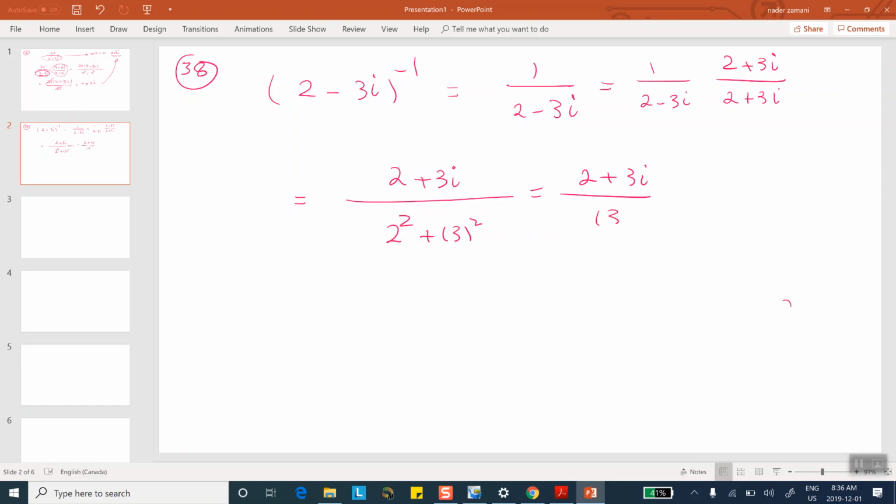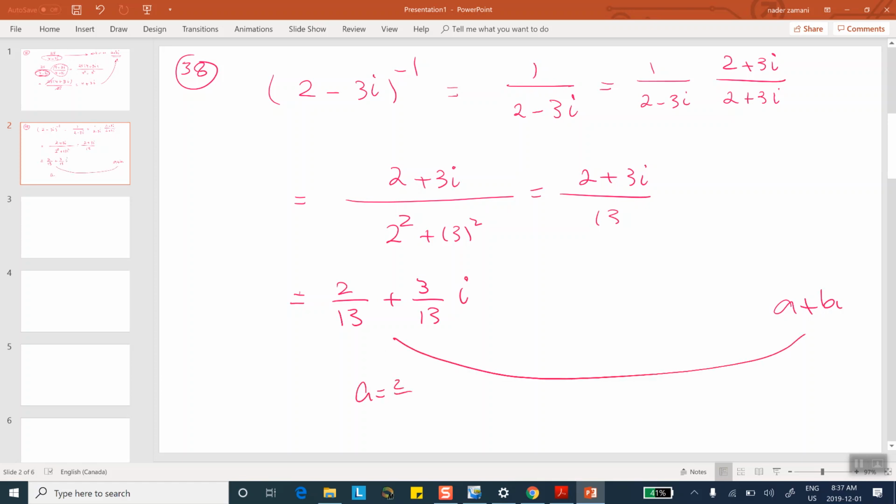Since we were asked to write it as a plus bi, we're going to write it like this: 2 over 13 plus 3 over 13 times i. Now A is 2 over 13, and B is 3 over 13.